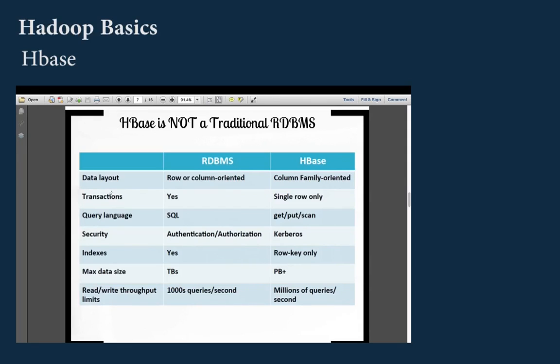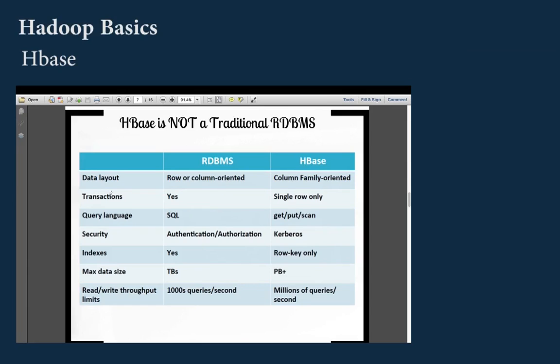A quick comparison between HBase and RDBMS. When it comes to data layout, RDBMS is row or column oriented, whereas HBase is column family oriented. RDBMS supports transactions. HBase is limited to a single row only. Query language in RDBMS is SQL, and in HBase it is get, put, scan. Security, HBase provides you Kerberos.